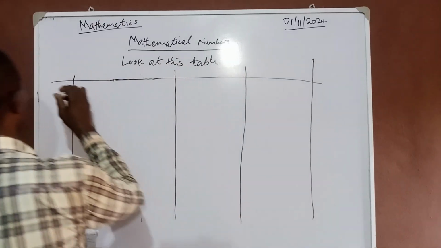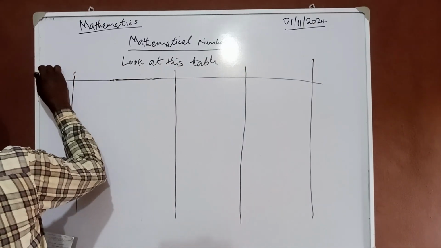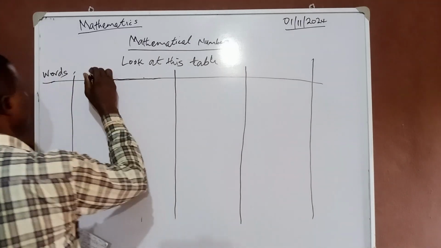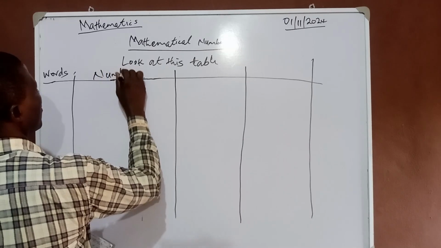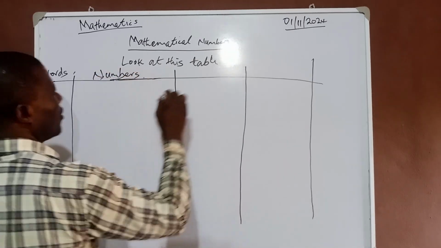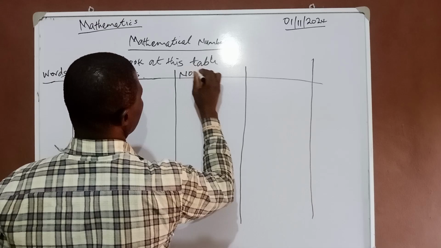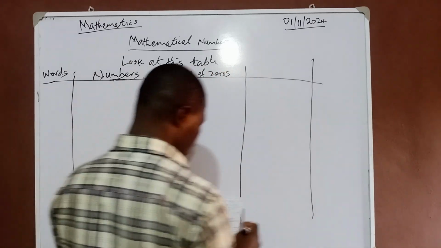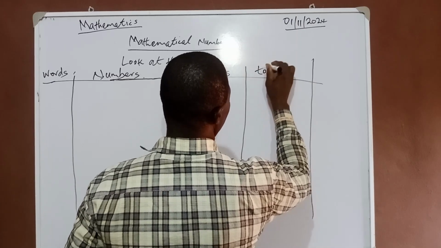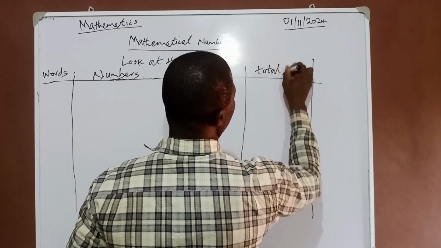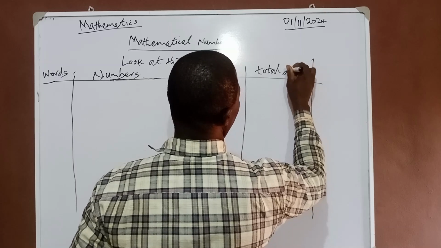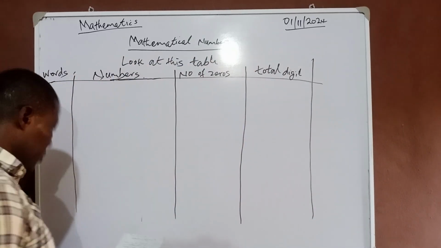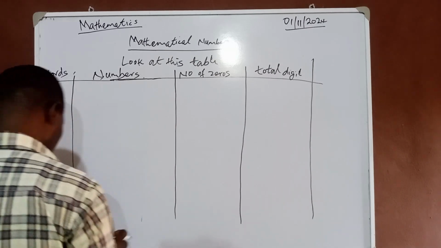Here you have words, here you have numbers, number of zeros, and the total digits. With this, anybody can count 1, 2, 3 to 1 billion without any stress.